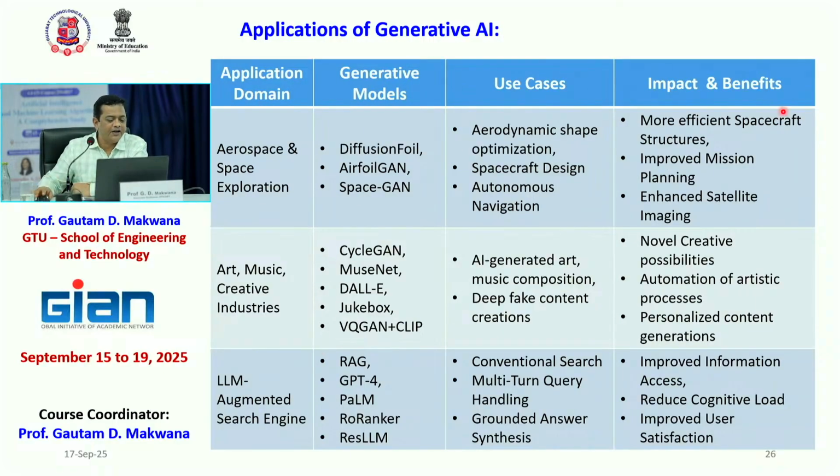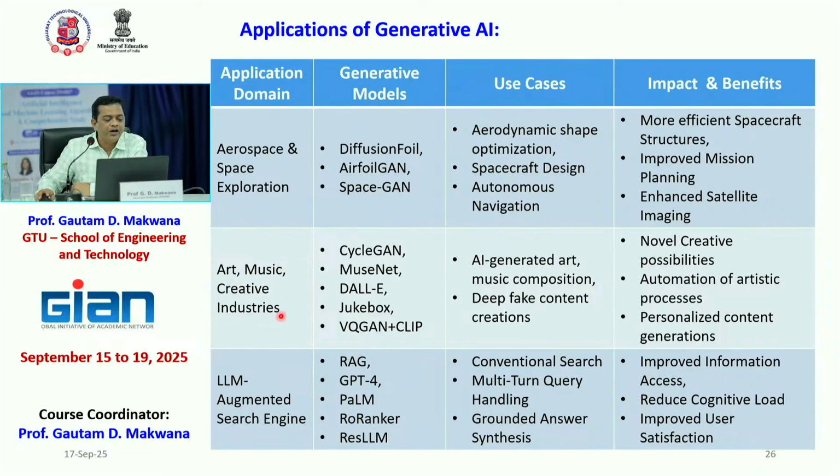Another application is in aerospace and space exploration: aerodynamic shape optimization, spacecraft design, and autonomous navigation, which will be helpful for more efficient spacecraft structure, improved mission planning, and enhanced satellite imaging.